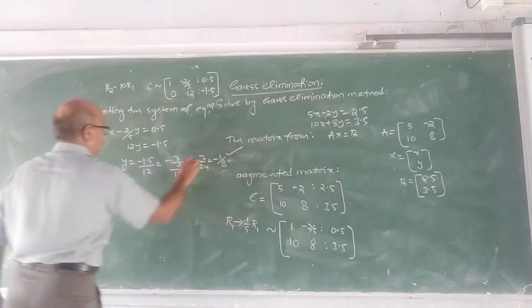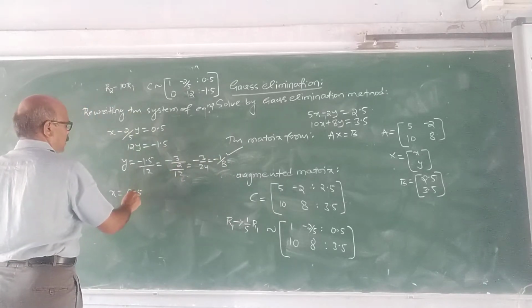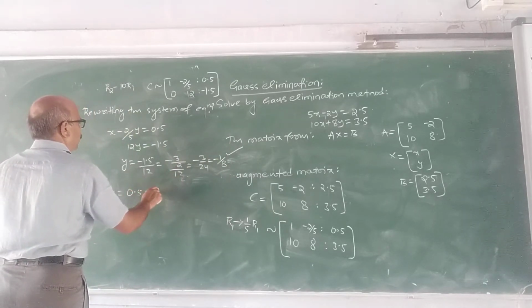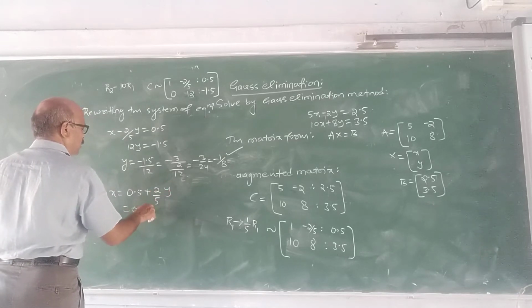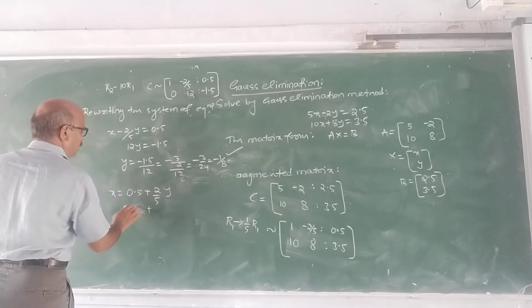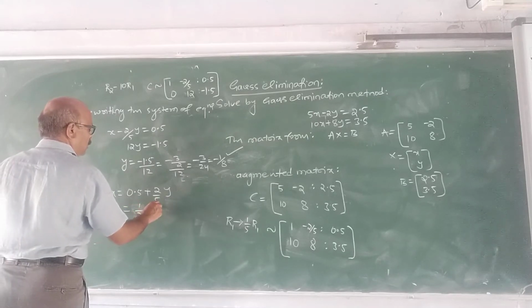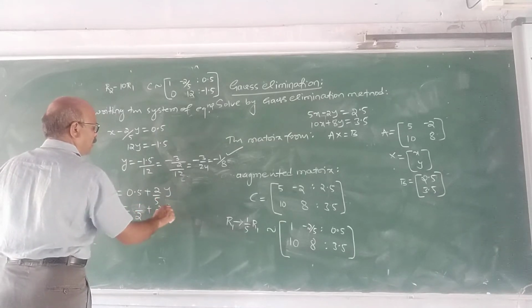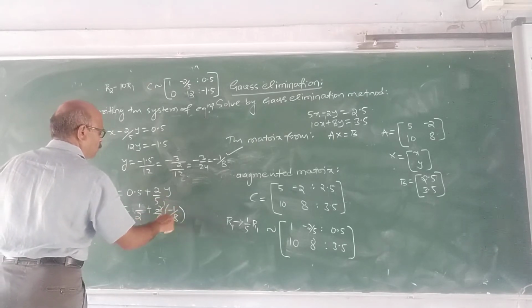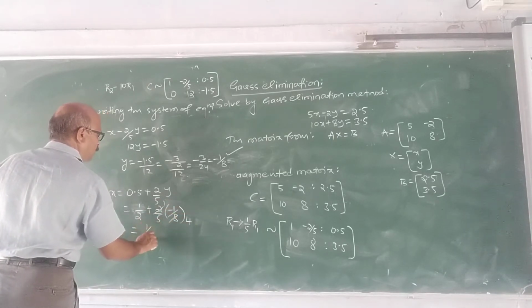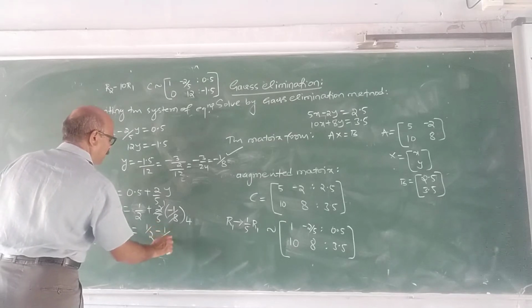Let us keep this as it is. x is 0.5 plus 2 by 5 y. 0.5 is 1 by 2. Let us take 1 by 2 plus 2 by 5, and what is y? Minus 1 by 8. So it is 1 by 2 minus 1 by 20.